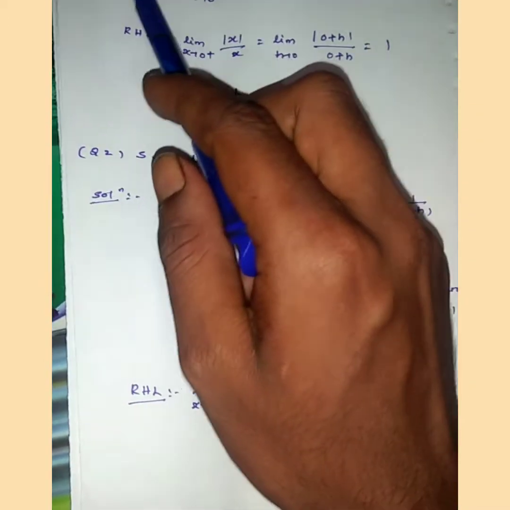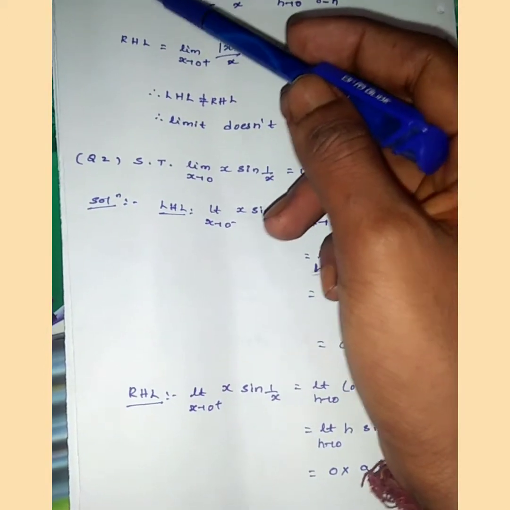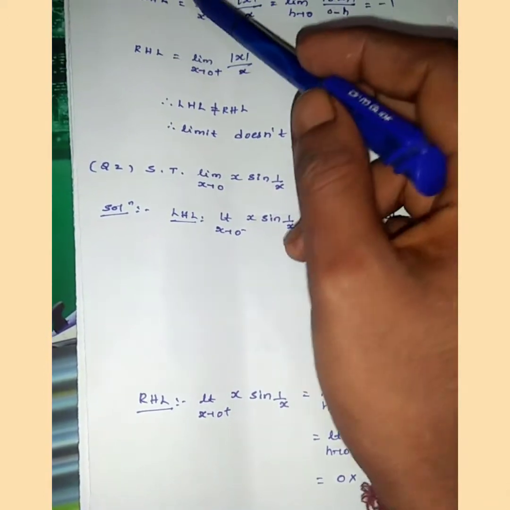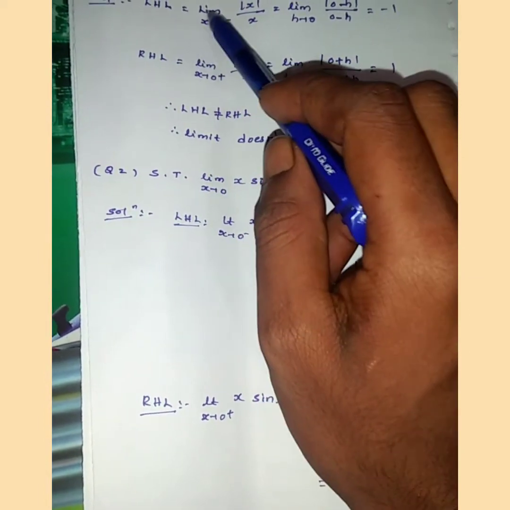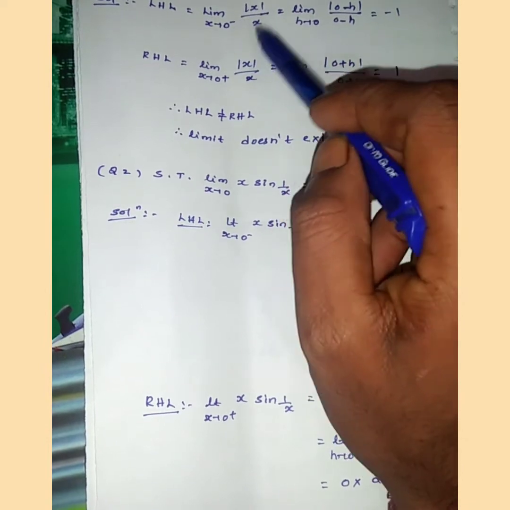Solution for this question: we consider the definitions for left hand limit and right hand limit. Left hand limit is equal to limit x tends to 0 minus of mod x by x.